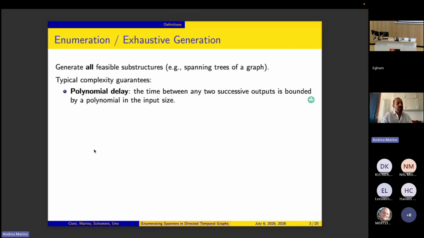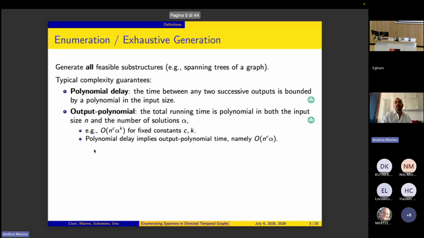One possibility is saying that being efficient means the time between two consecutive outputs must be polynomial in the input size. This is one guarantee that you might be happy with. Another guarantee could be output polynomial, which means that you are paying a polynomial total time: your algorithm will terminate after a time polynomial in both the input size and the number of solutions that you are going to produce.